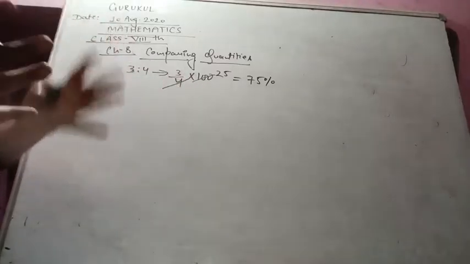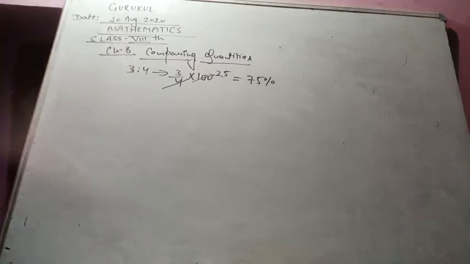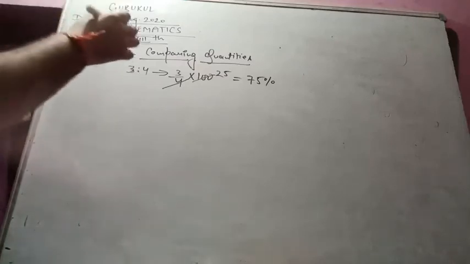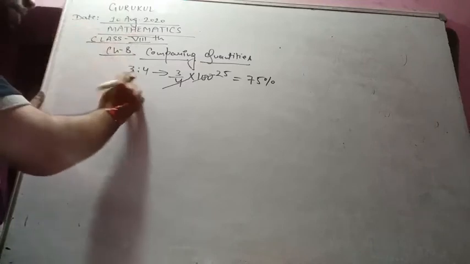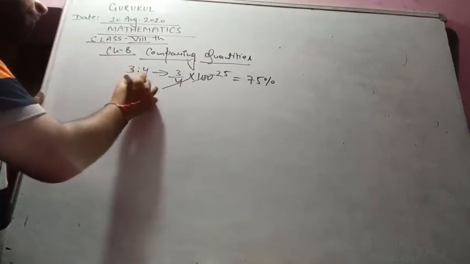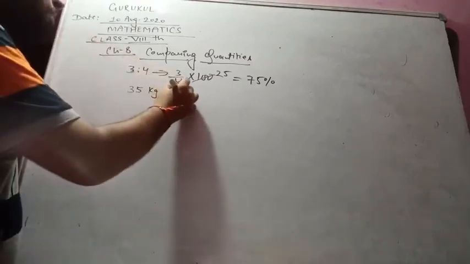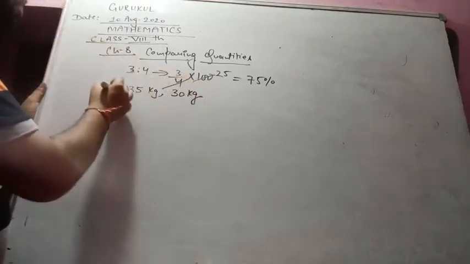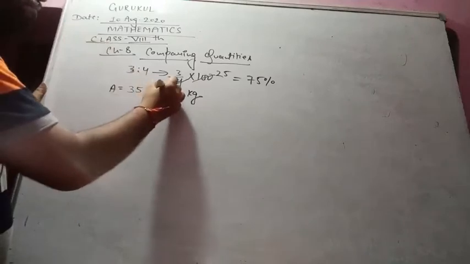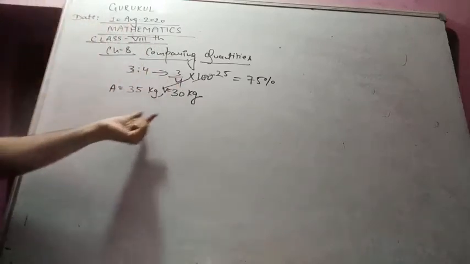I'm not familiar with all the names. Say Vishal Maurya. Suppose the weight of Akshay was found to be 35 kg, and the weight of Vishal Maurya was 30 kg. This is the weight of Akshay, this is the weight of Vishal. Akshay by A, Vishal by V.